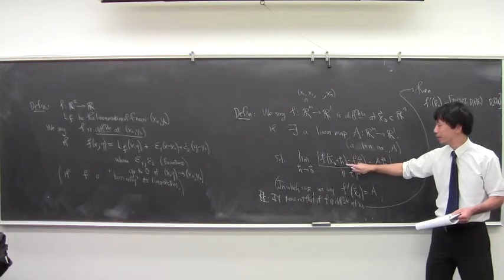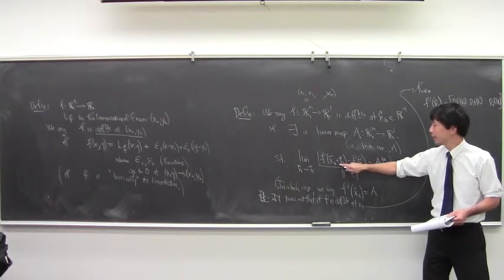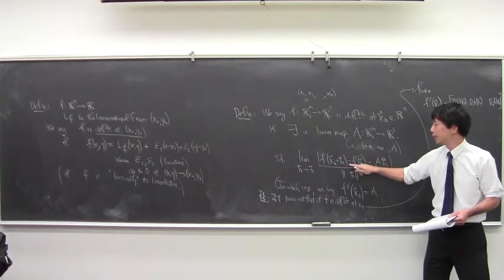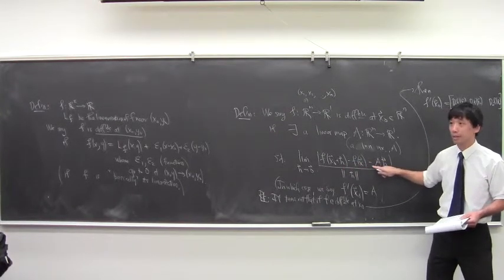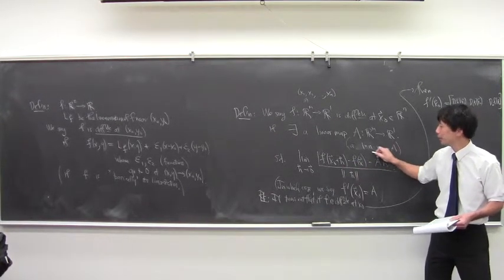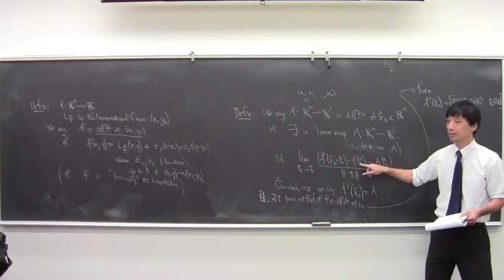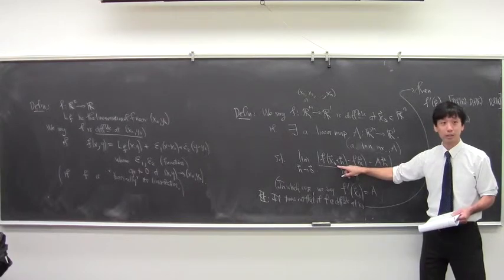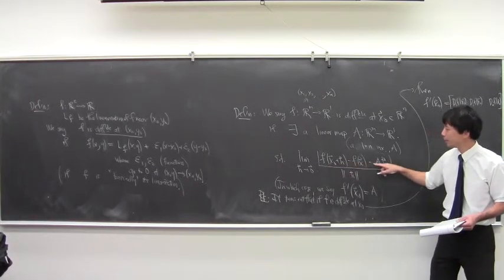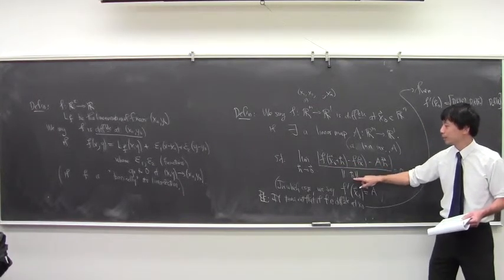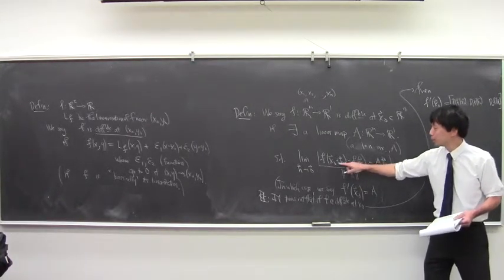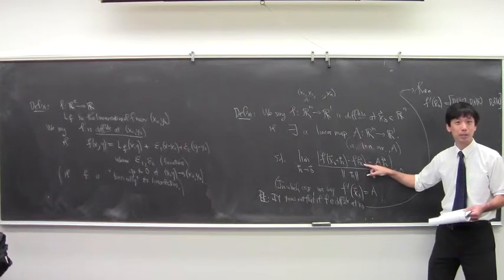This is saying that your function is basically a linearization. This thing here is the linearization, and this is your function. So it's saying that your function minus the linearization, even when divided by this thing, goes to 0. In other words, your function is well approximated by the linearization.